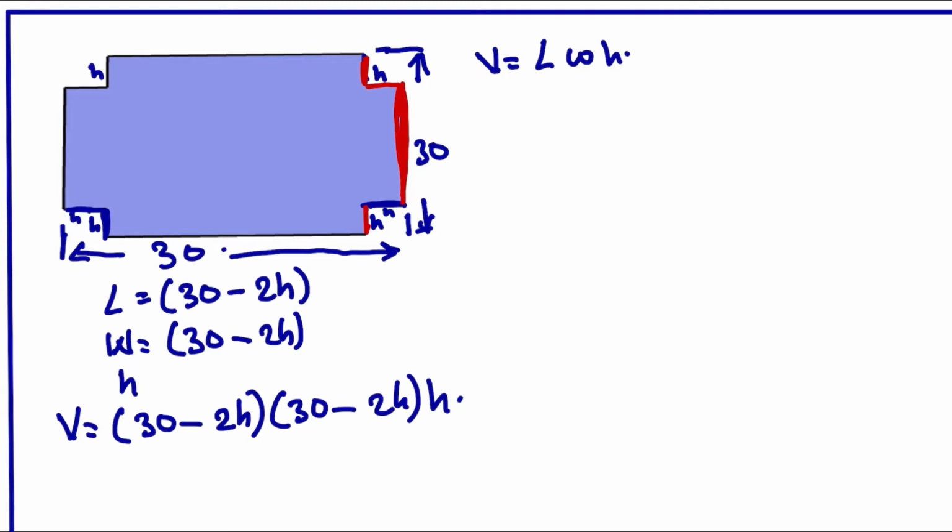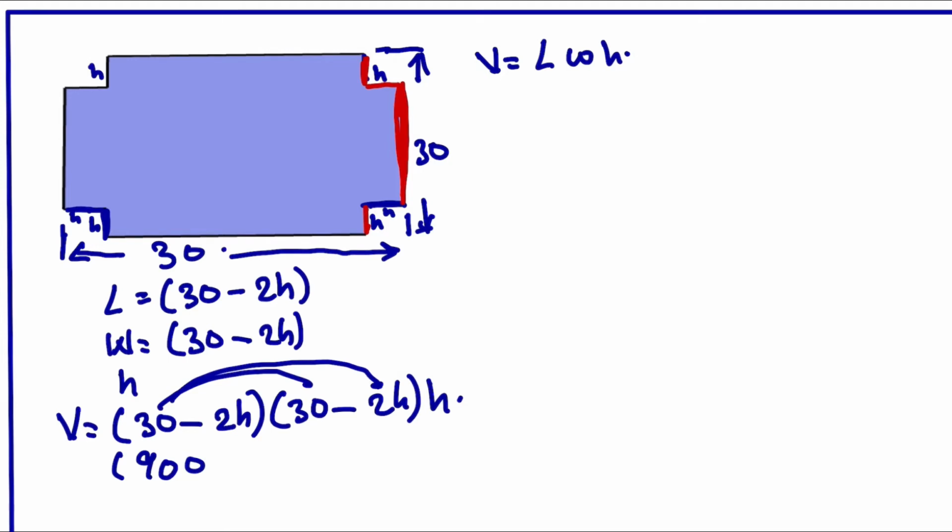So next we need to expand. If we expand this, we are going to have 900, because 30 times 30 is 900, and then 60h.